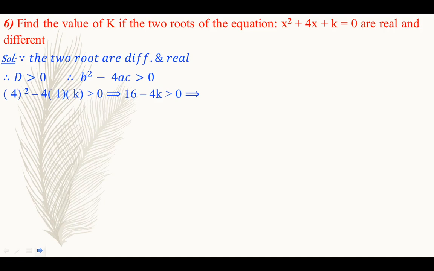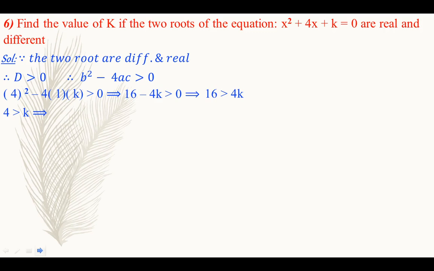So 16 will be bigger than 4k. Divide both terms of the inequality by 4. If we divide by 4, 16 divided by 4 equals 4. 4k divided by 4 equals 1k. So now we have 4 bigger than k.